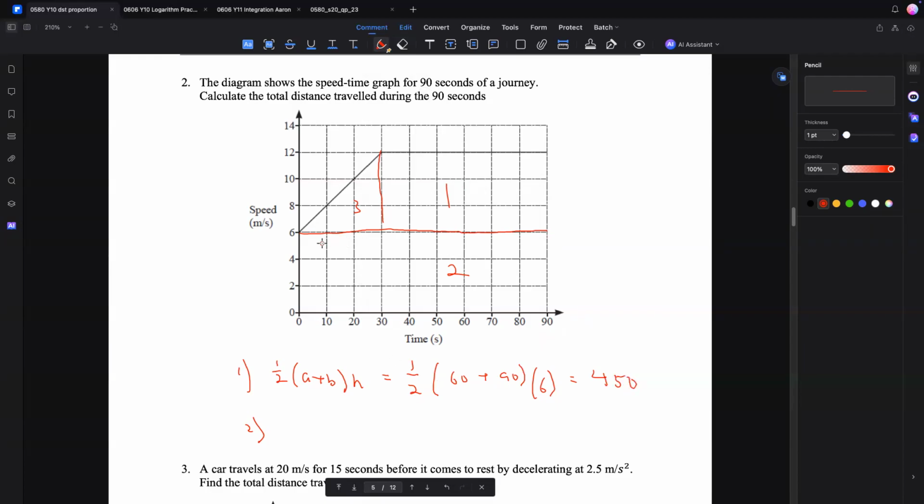And then the next one, the rectangle at the bottom. 90 times 6, which is 540. Okay. So if you add them both together, yes, you get 990. Everyone got 990? Okay.